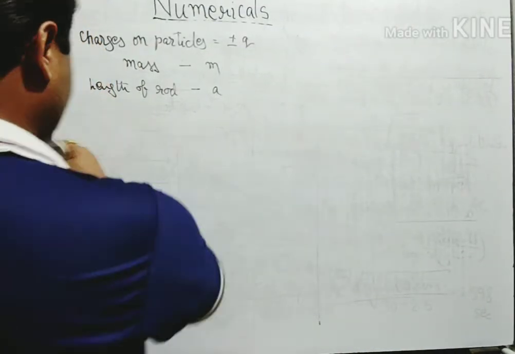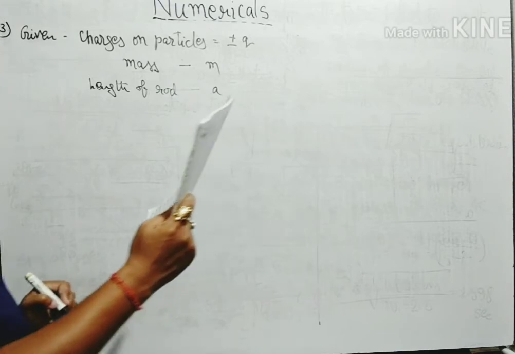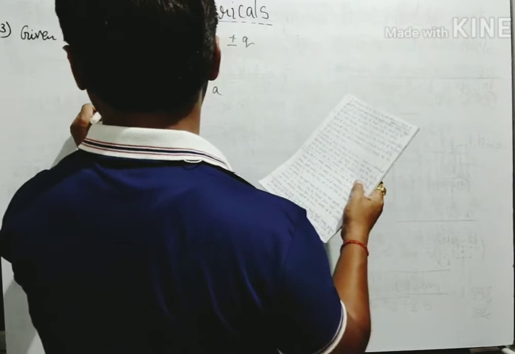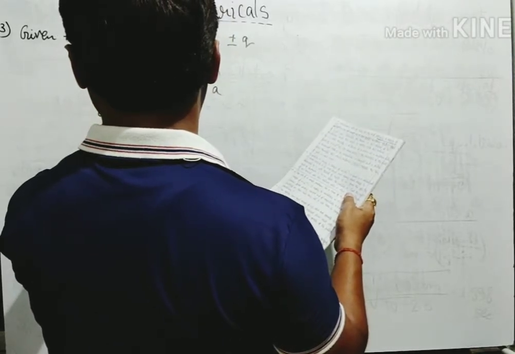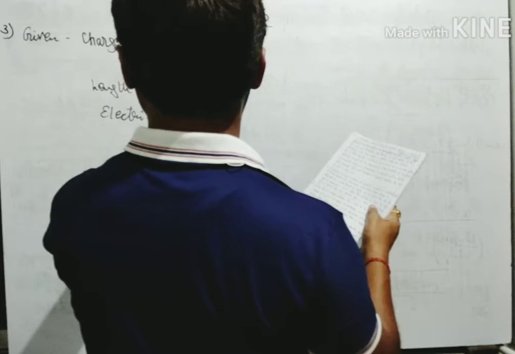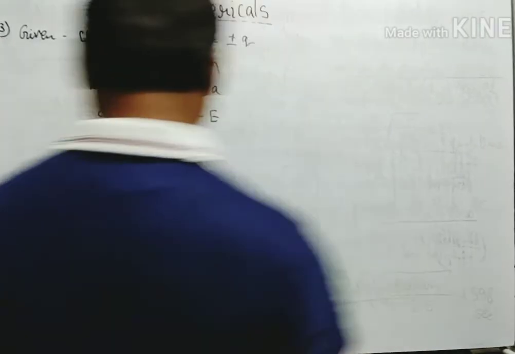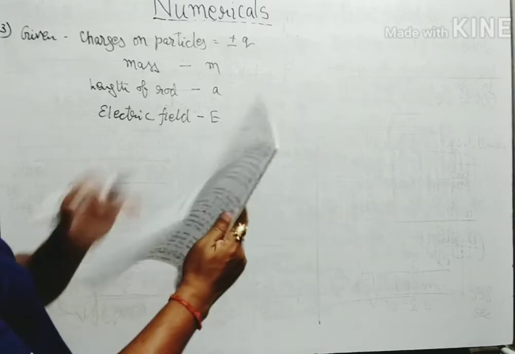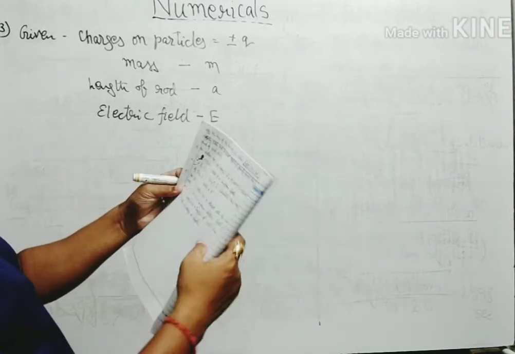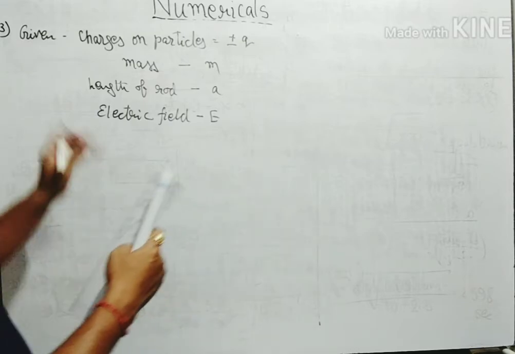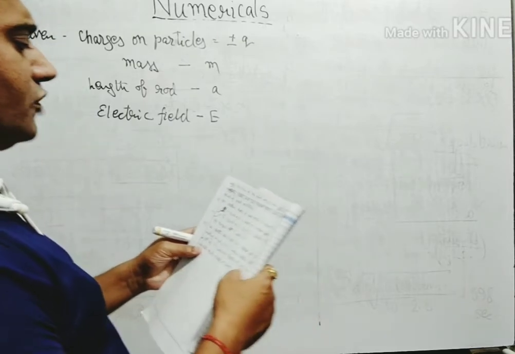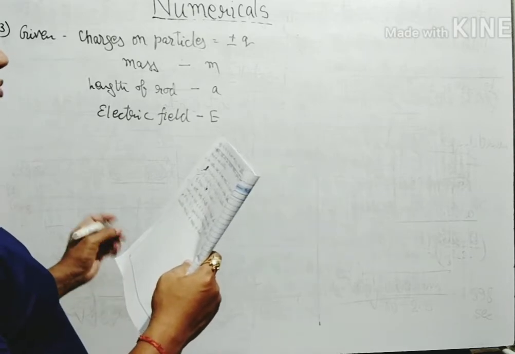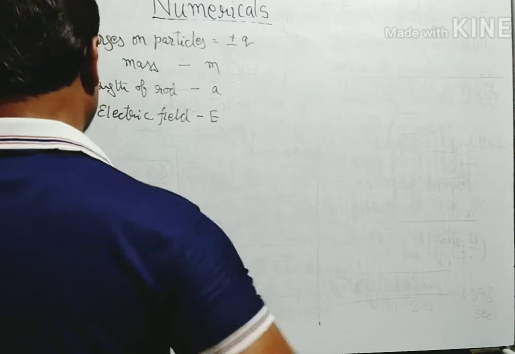Now the rod is clamped at an end and is placed in a uniform electric field. Electric field is given to be E. So now let's have the solution part of this question. Here these are the information given, and the information that the question is demanding from us as an answer is the time period of small oscillations that we need to calculate.